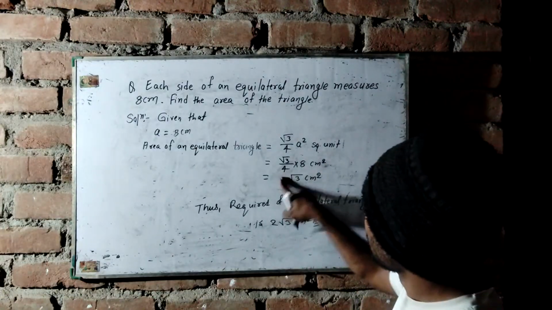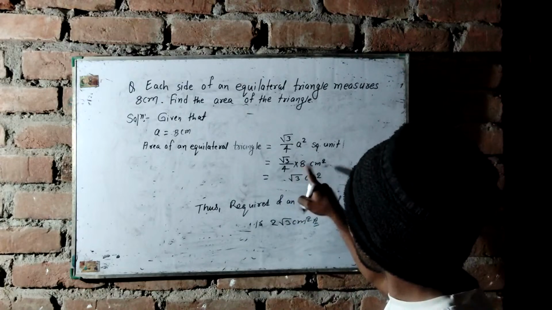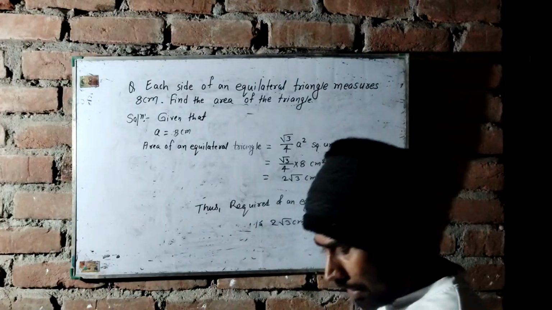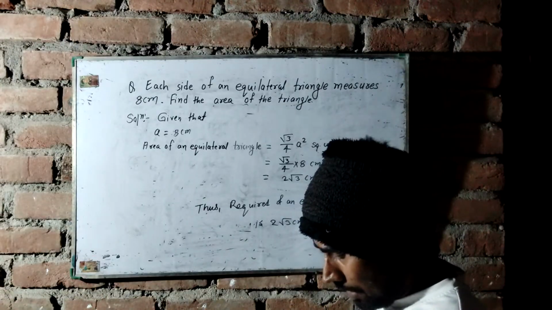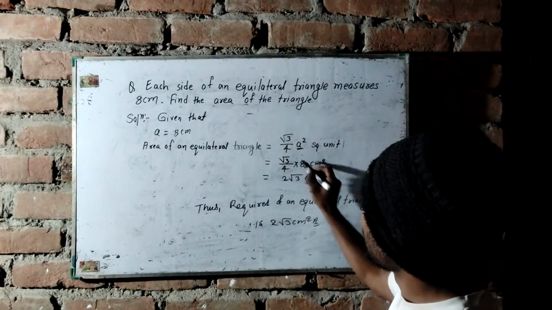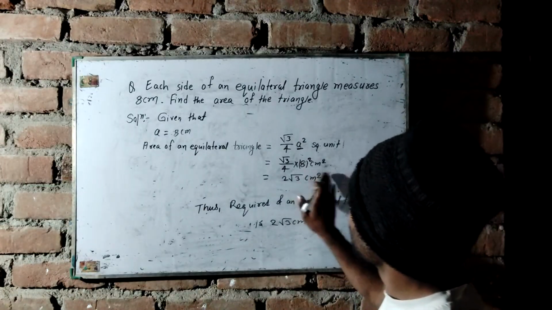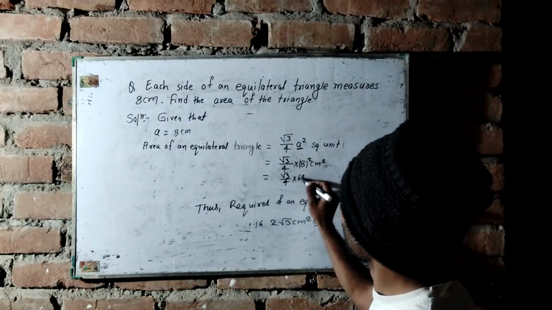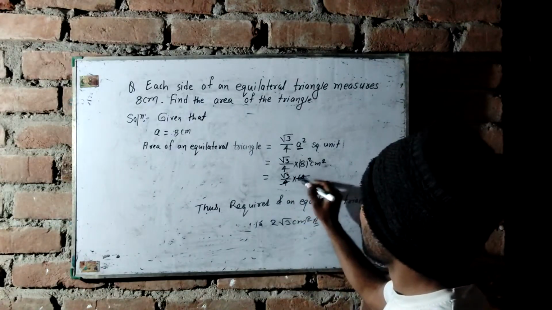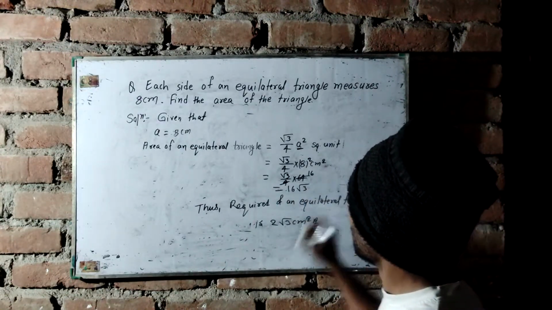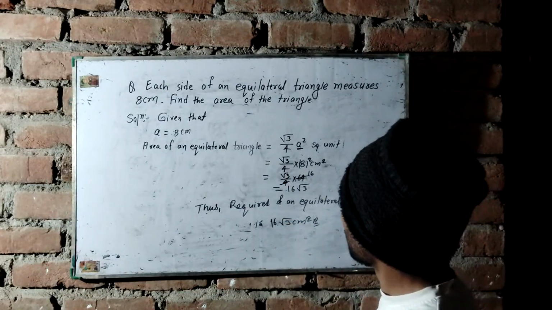Am I right or wrong? Tell me in comment section. Oh, sorry, yaar. A square. It means 8 ka square, guys. So you can write here root 3 by 4 into 64. So you can cancel this 64 with 4 in 16 times, so you will get 16 root 3.